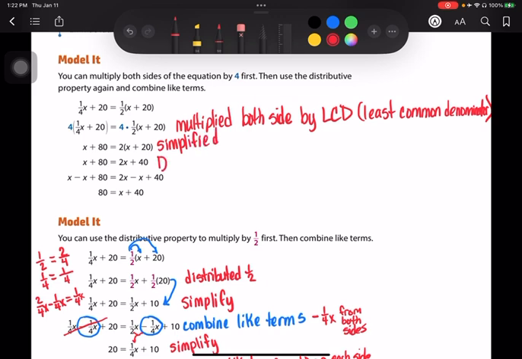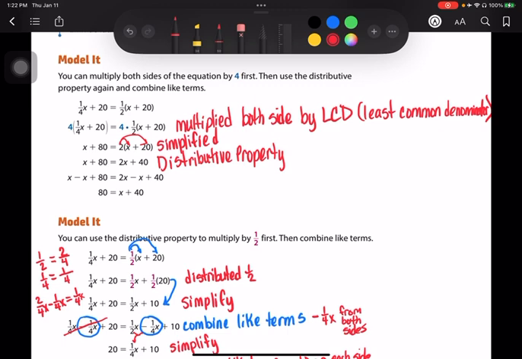Here we used the distributive property. We distributed this 2 to both terms.